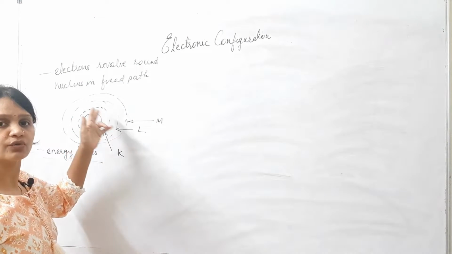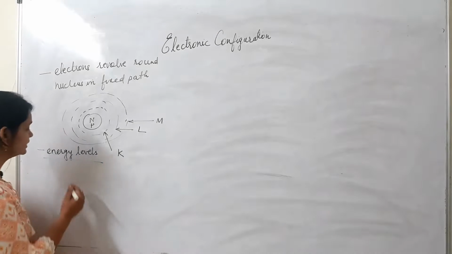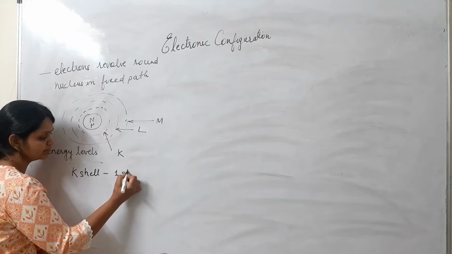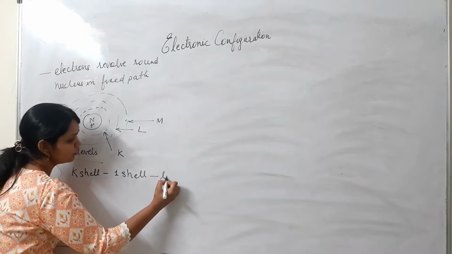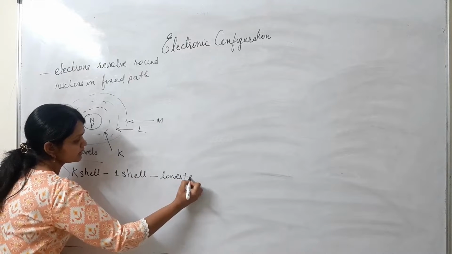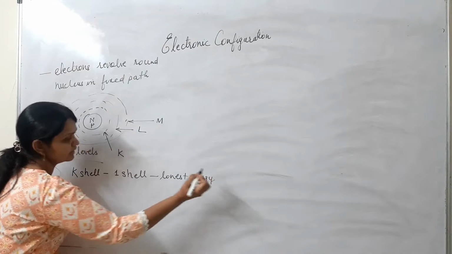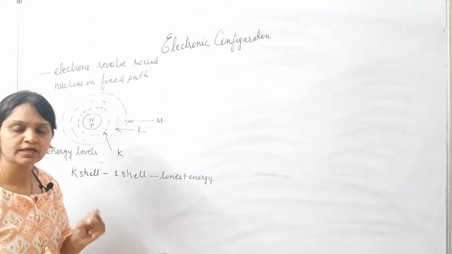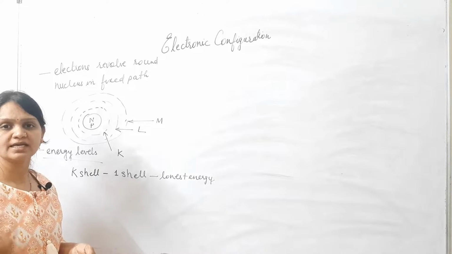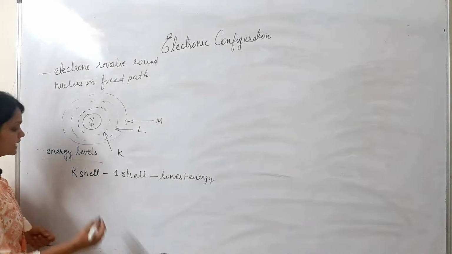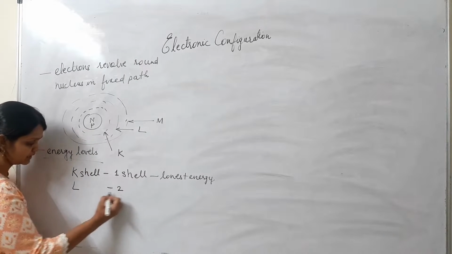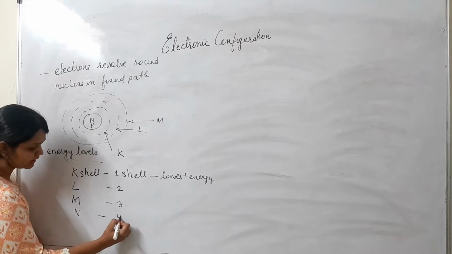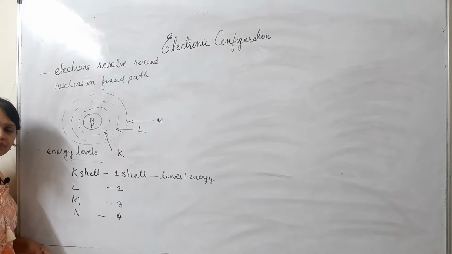The shell which is closest to the nucleus, that is the K shell, is the first shell, which is the lowest energy level. The energy increases as we move on. So the second shell is the L shell, third is M, N and so on.